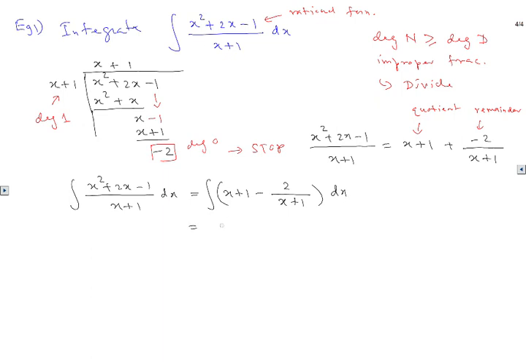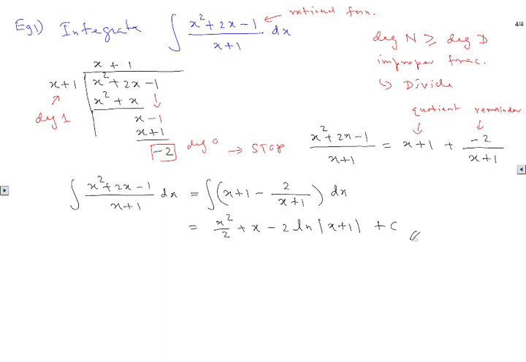If you integrate the first one, you're going to get x squared over 2. If you integrate the second one, you're going to get x. Minus, this is a log function, so you're going to get 2 natural log of x plus 1, plus c. So that is the answer. I hope it's very clear. So after the division, you can integrate basically term by term.